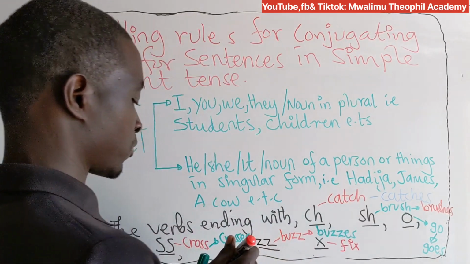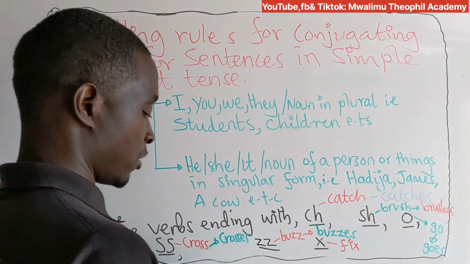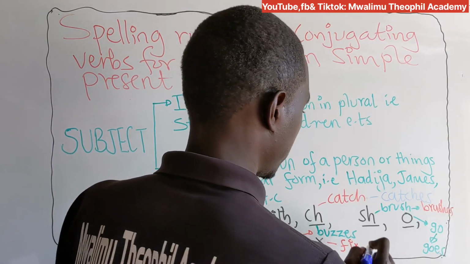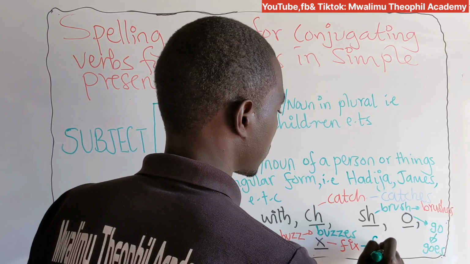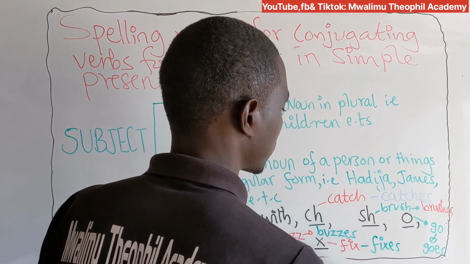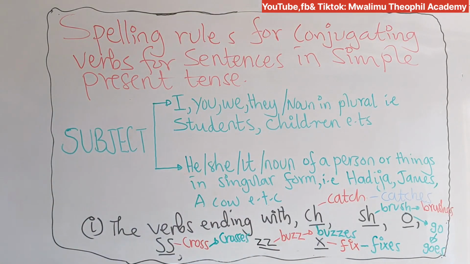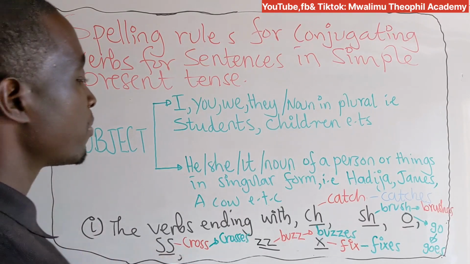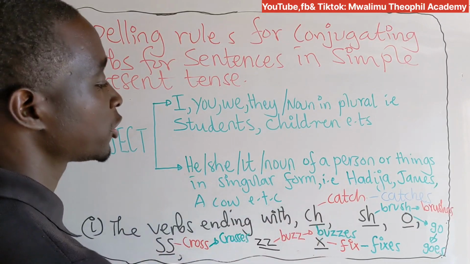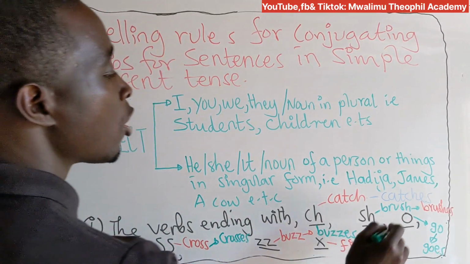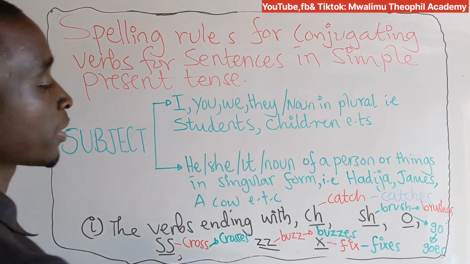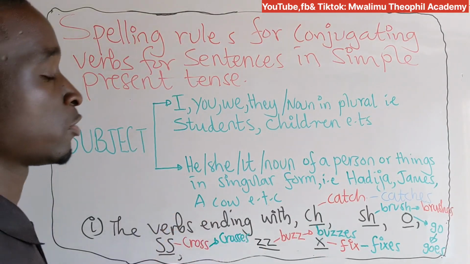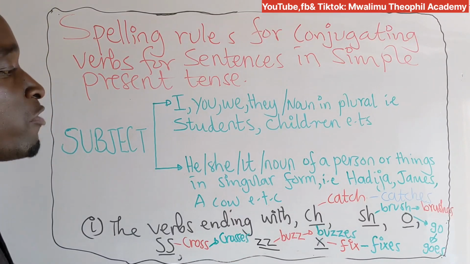A verb fix, when we add es, becomes fixes. So we are through. Conclusively, we may say that in the first rule, for verbs ending with letters ch, sh, double s, double z, or x, we add es at the end of the verb.